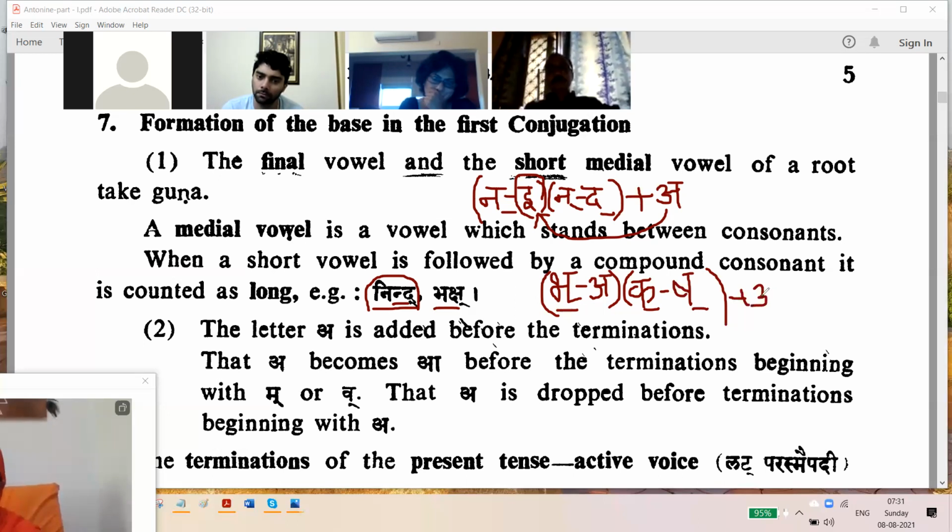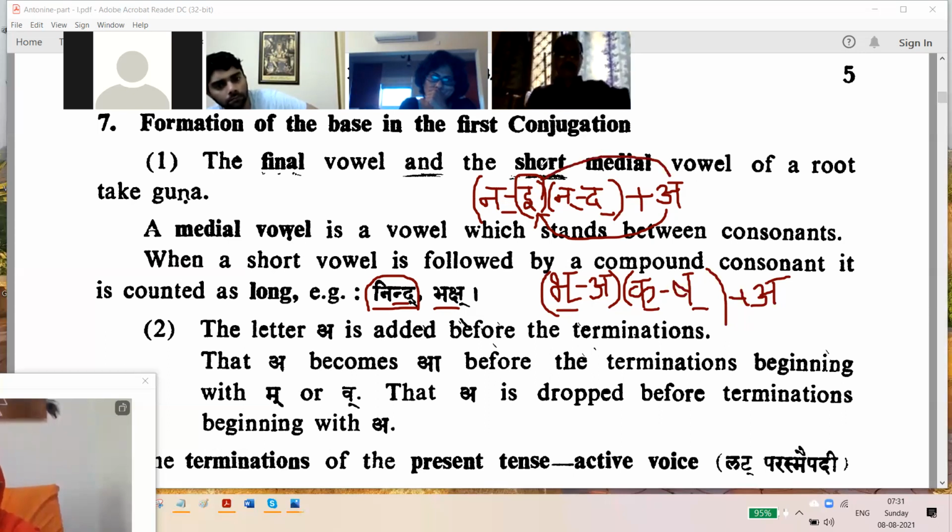But Swamiji, nothing changes? Ninda remains ninda. It doesn't become nenda. This i can take guna, no? It won't take guna, but it won't change either. If it does not take guna, then there is no more sandhi. It remains ninda only.